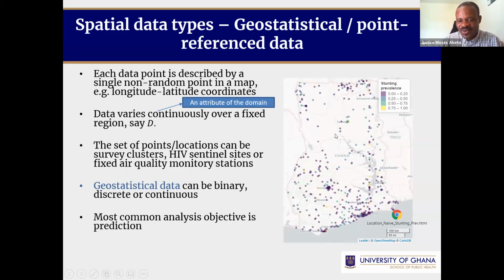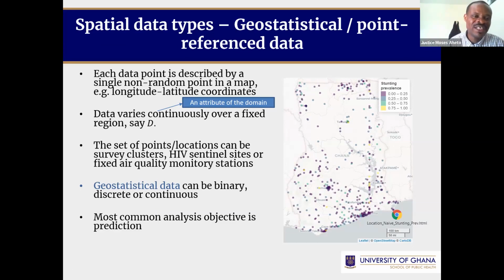So you could say that each location is indexed with an attribute, which in this case is the stunting variable. Once I get a longitude and latitude coordinate, I can map that location and then also map onto it the attribute, which in this case is stunting prevalence.